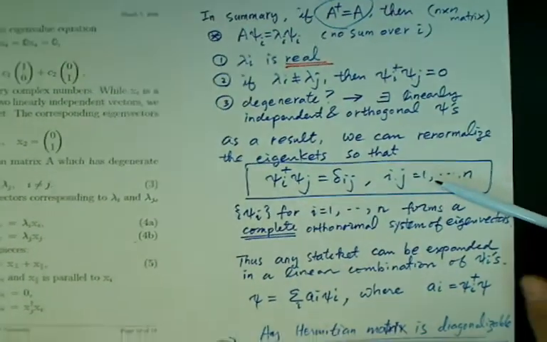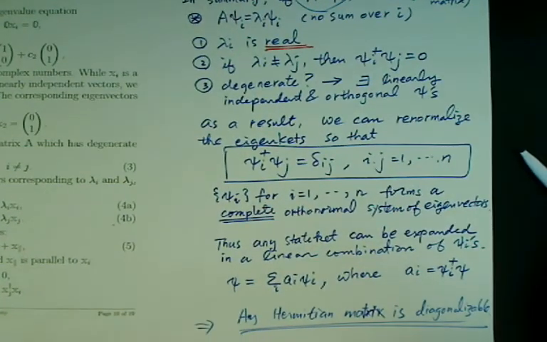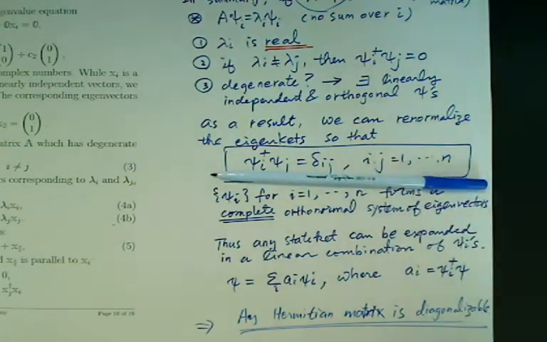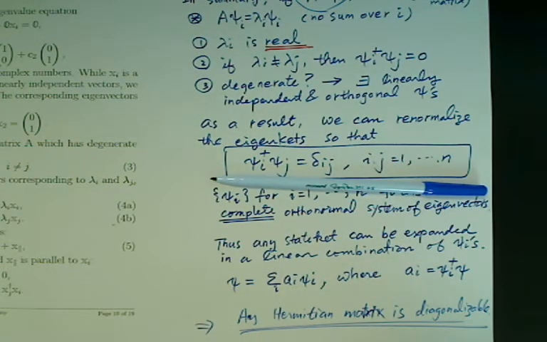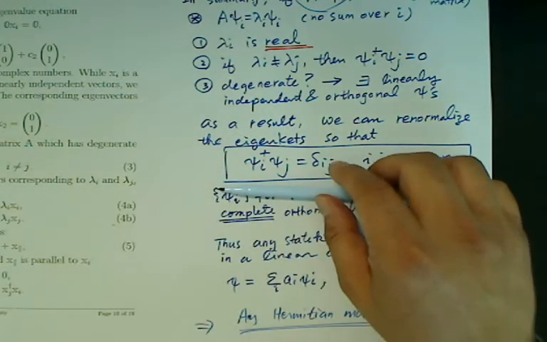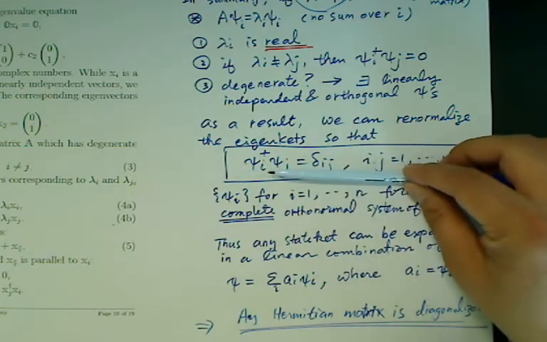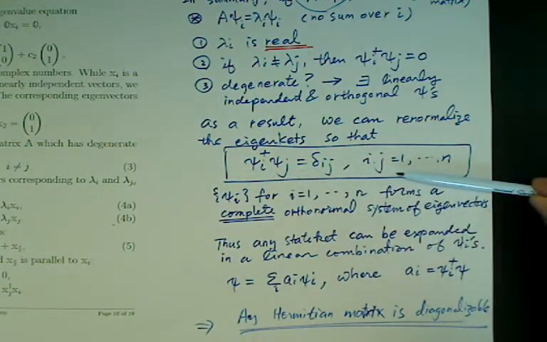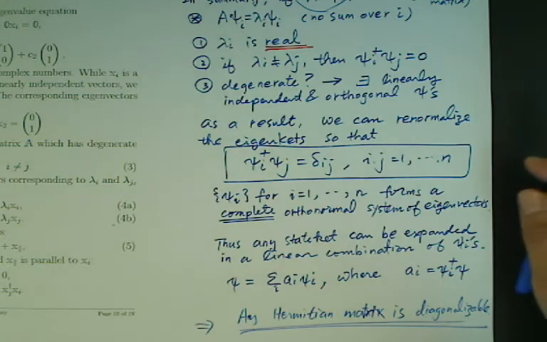And regardless of the multiplicity, we can always construct the orthonormal condition for the normalized eigenkets. The normalized eigenkets have a scalar product of delta ij, where i and j run from 1 to n.